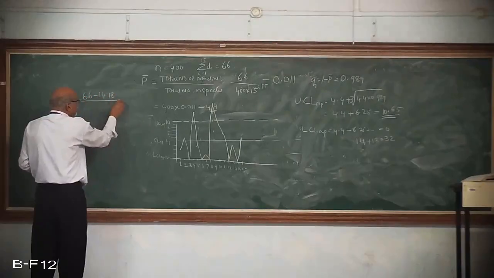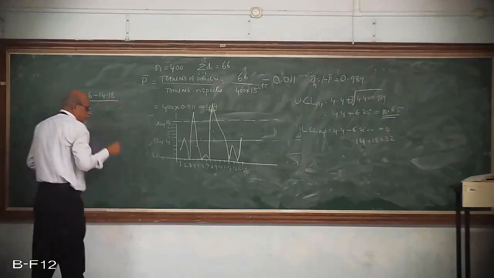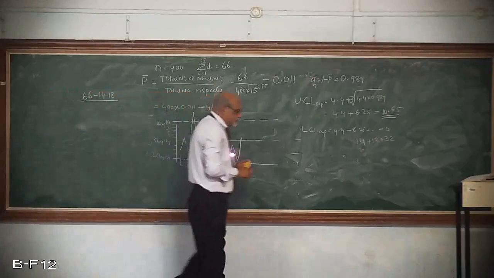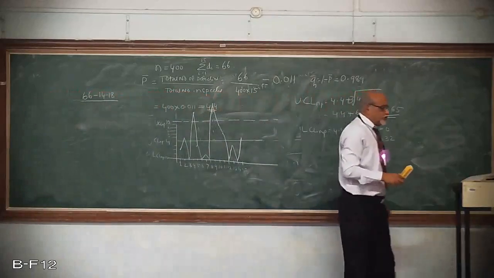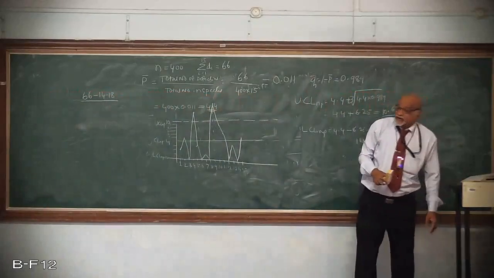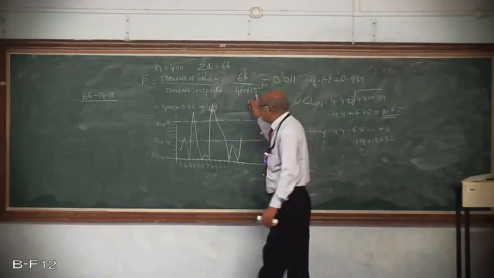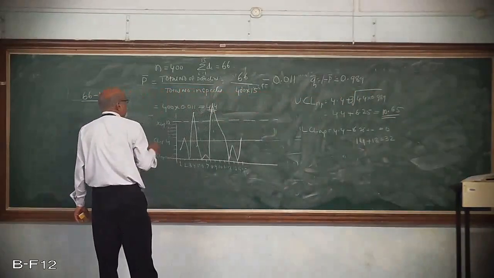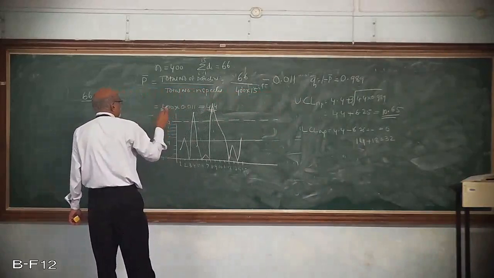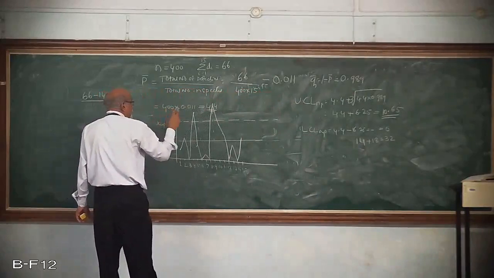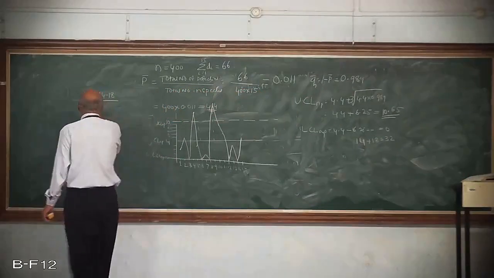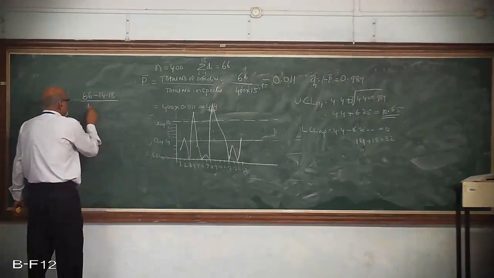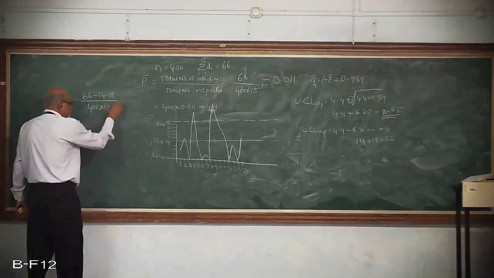And the total number of articles inspected is not 6,000, that is 15 into 400. It is no longer that, it is going to be 400 into 12, 400 into 13 lots.